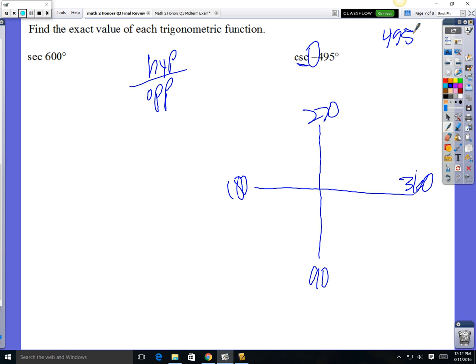So 495 minus 360 is going to be 135 left over. So your first piece is going to land right there. Then you got to spin in a negative direction one circle, so it's going to be this way. And then what's left over is 135. So that's going to stop right there.